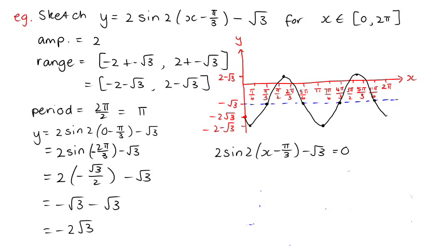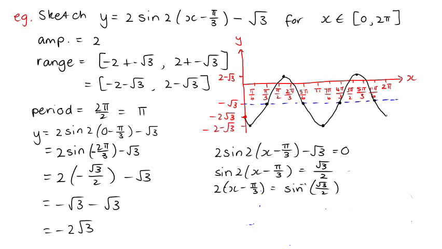Let's rearrange a little bit. So we're going to take over that root 3 and divide by 2. Now obviously you take over the sine, make it inverse sine of root 3 on 2.